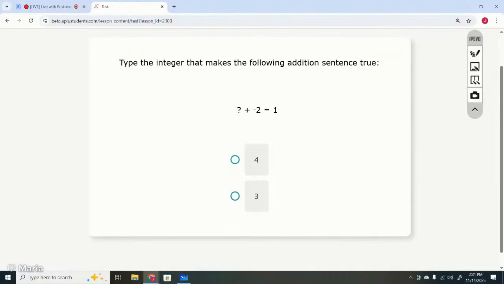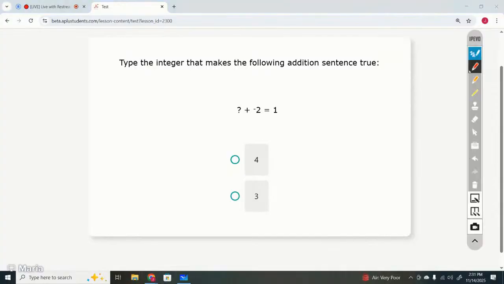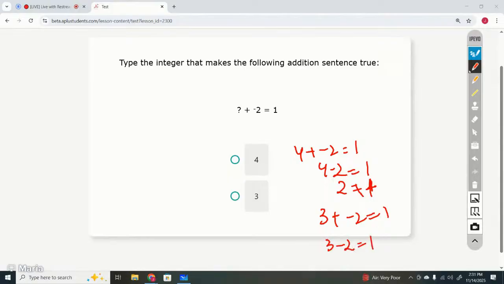Type the integer that makes the following addition sentence true. So start with the first option. 4 plus negative 2 equals 1? Adding a negative integer is same as subtracting. So 4 minus 2 is 2. 2 is not equal to 1. Now try with the second option. Adding a negative number is same as subtracting. So 3 minus. So both sides are exactly equal.